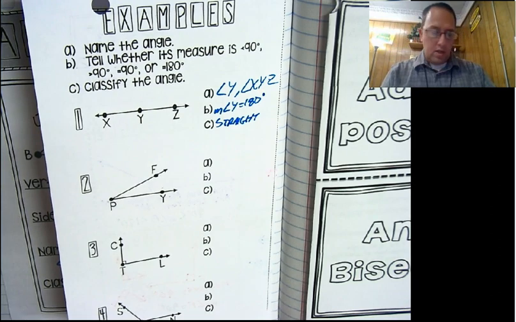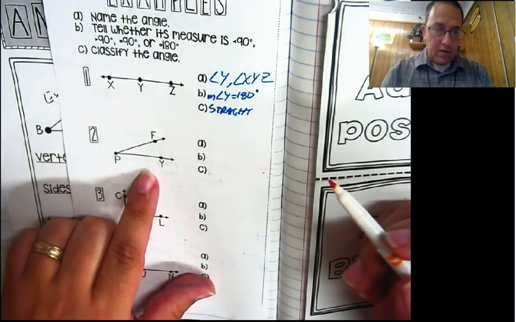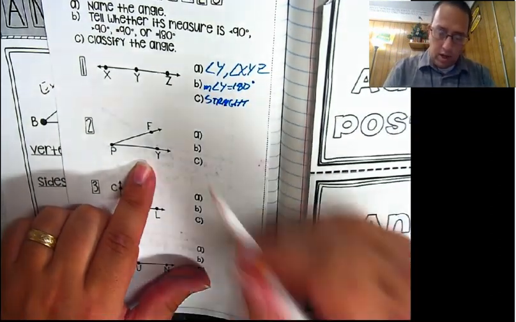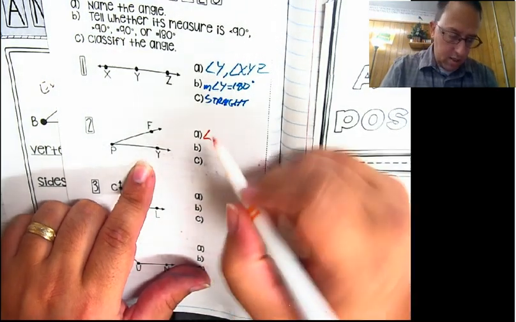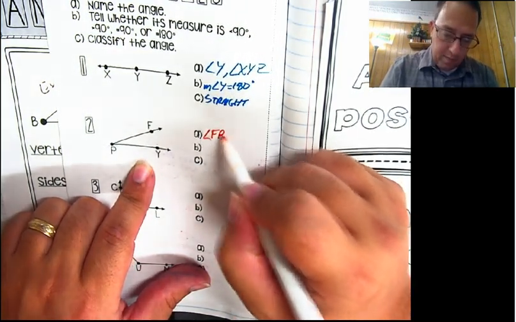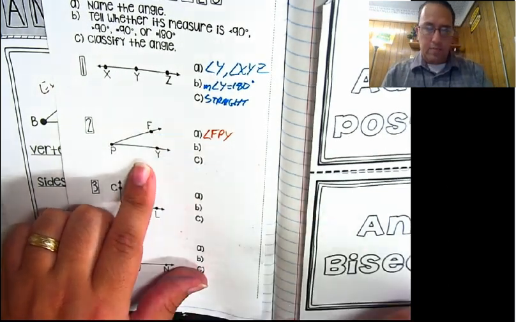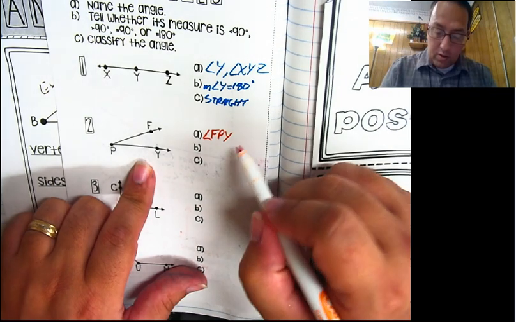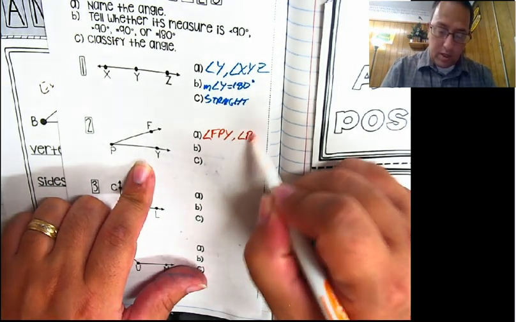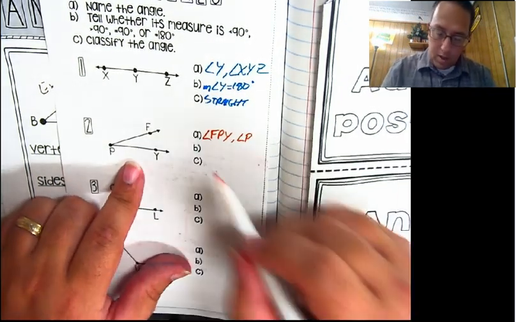All right, let's take a look at the next one, number 2. We have to name the angle. So I could name this angle FPY. One side, vertex, other side, right? I could also call this angle P, because that's the only angle there.